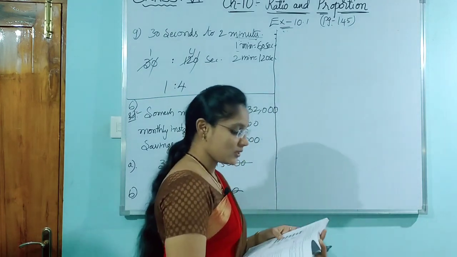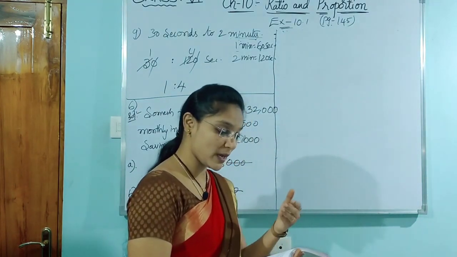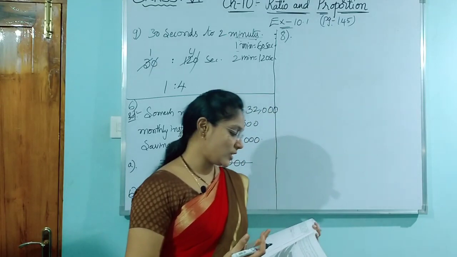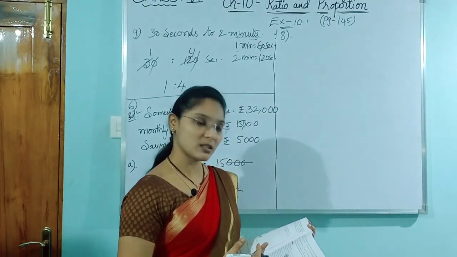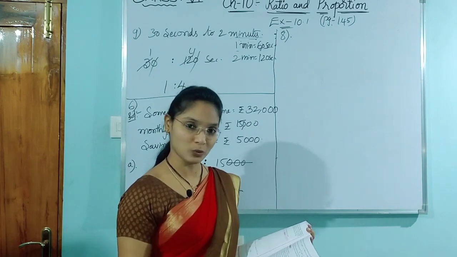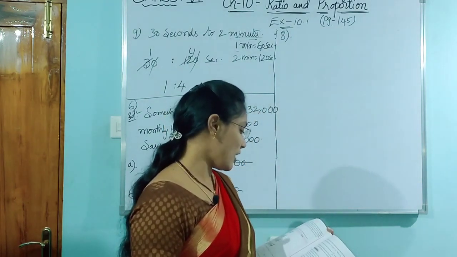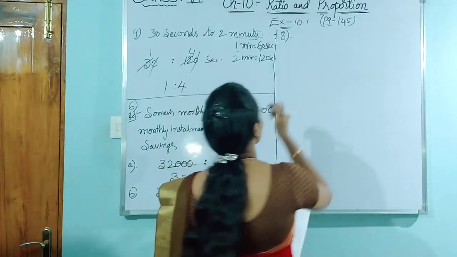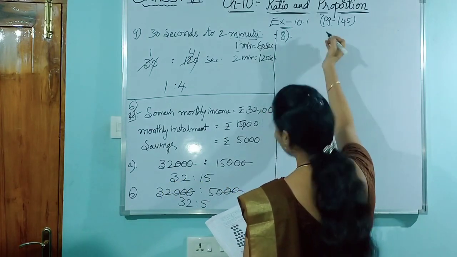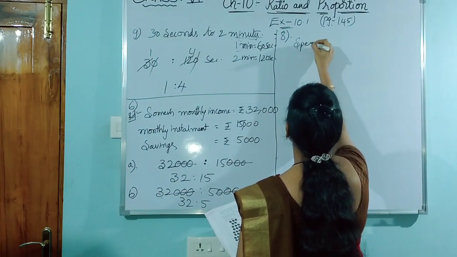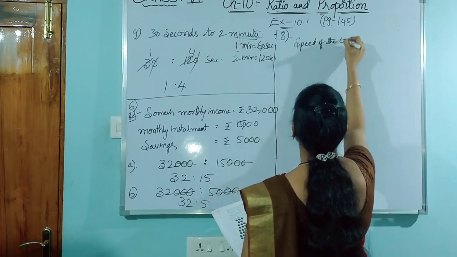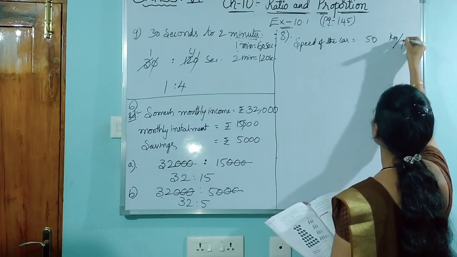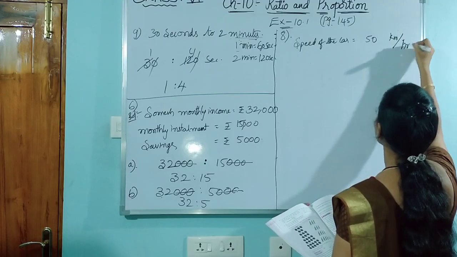Okay, so how to find out speed? Distance by time. As you know that it's a word problem, we have to write stepwise, but here I am not going to write stepwise, I will give it clearly in the notes. First we have to find the speed of the car and the speed of the train. Speed of the car is what? Hint they have given, no? Distance by time. So distance 50 kilometers per hour.